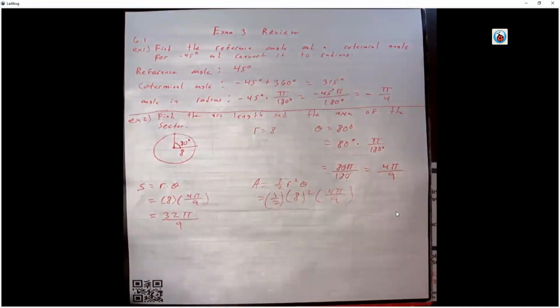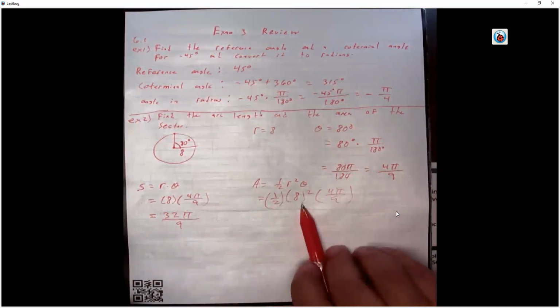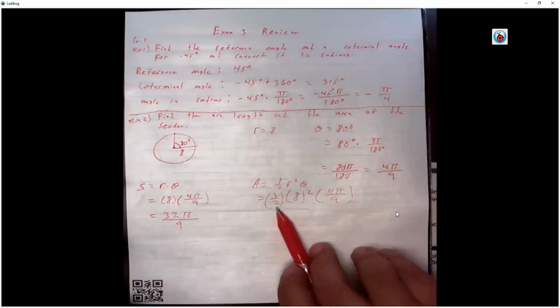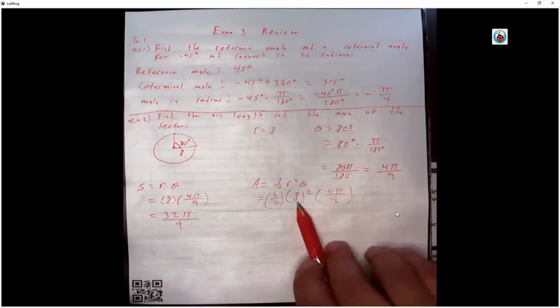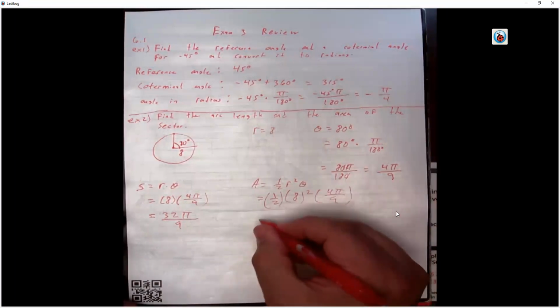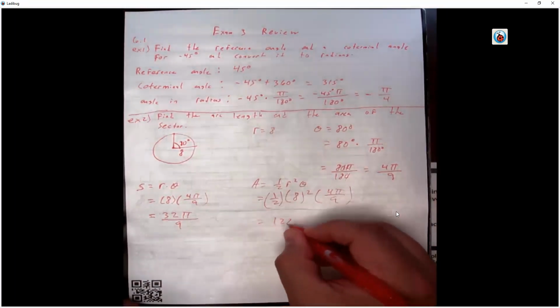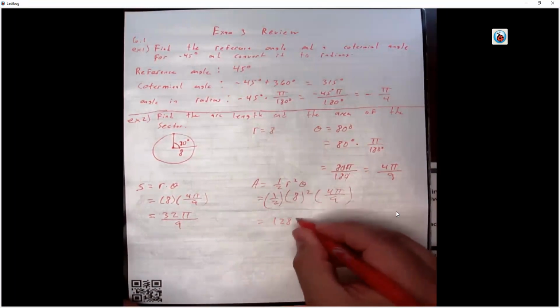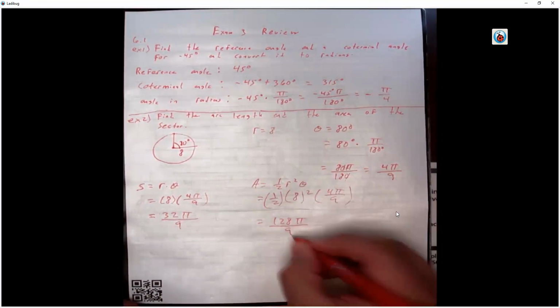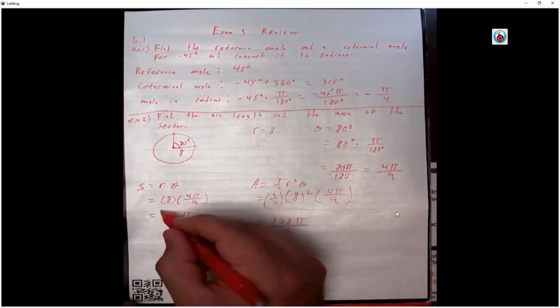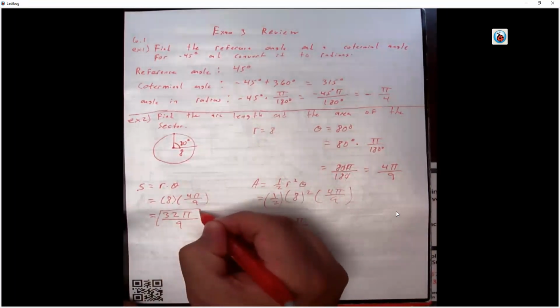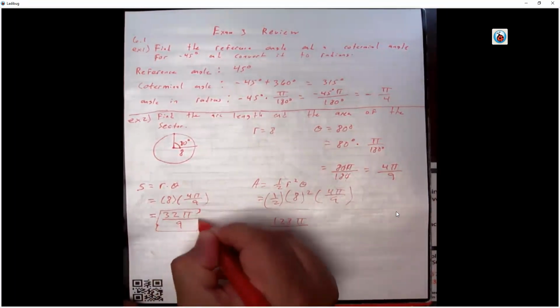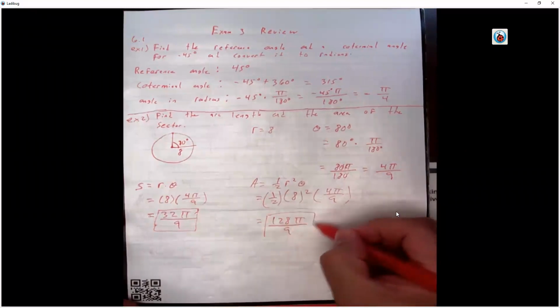So 8 squared is 64. Half times 4 is 2. 64 times 2 is 128, right? So there is my arc length and area.